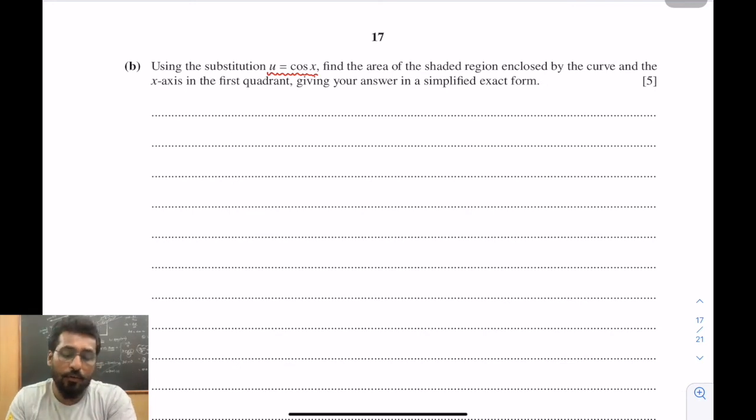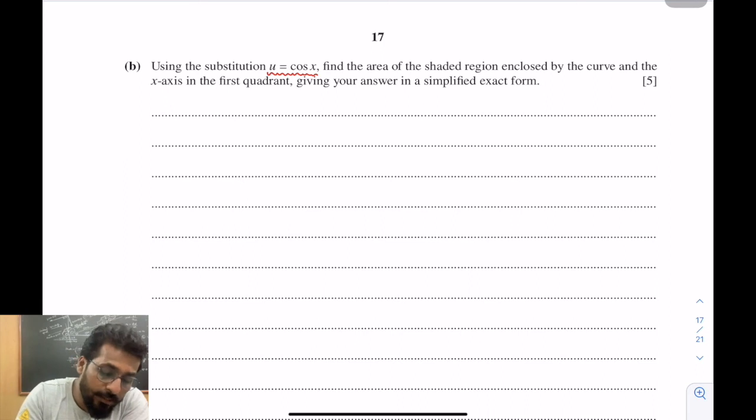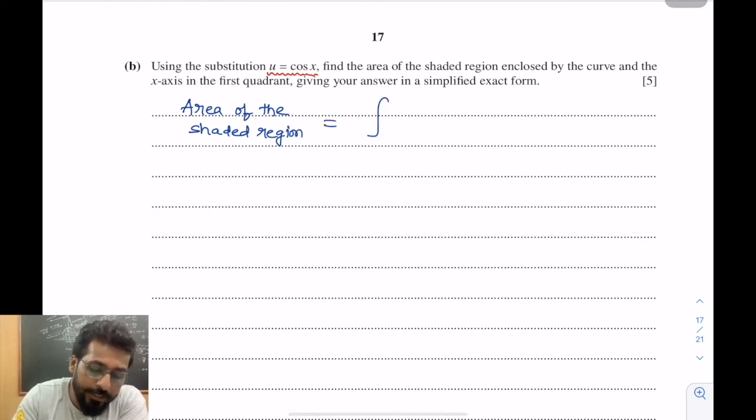So the area of the shaded region, what is it? It is nothing but the integration, right? Area under the curve, area of the shaded region, area under the curve is integration. So I can write here, area of the shaded region is equal to integration x equal to 0 to x equal to pi by 4.